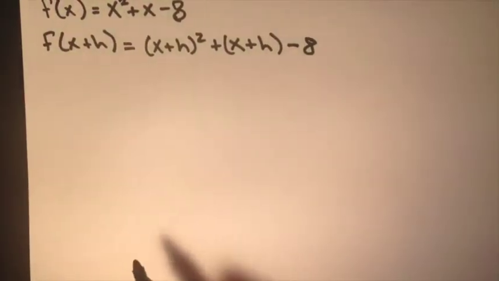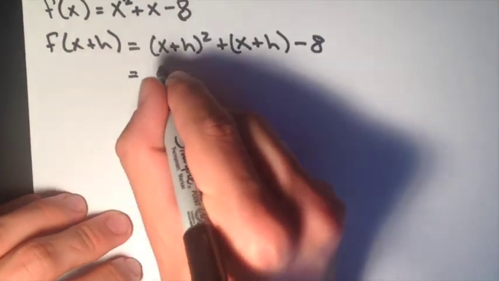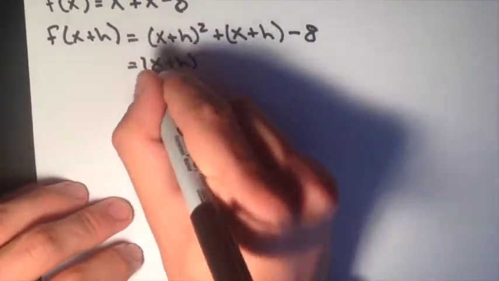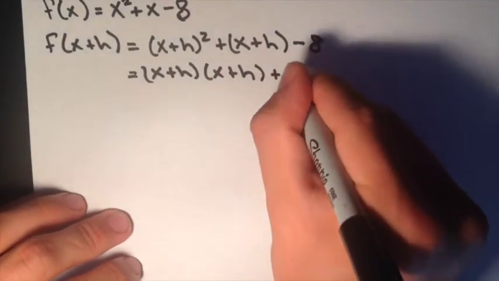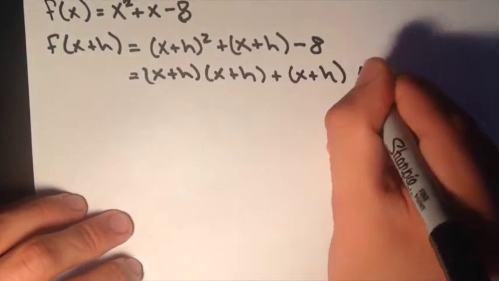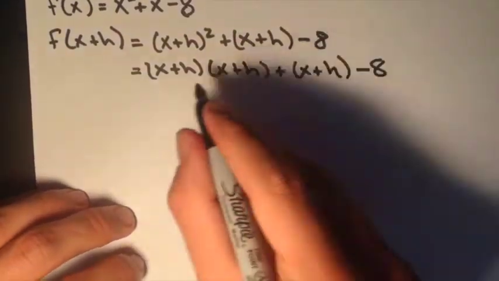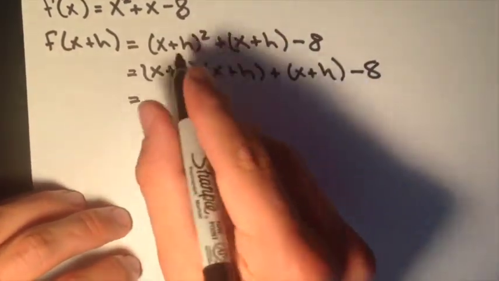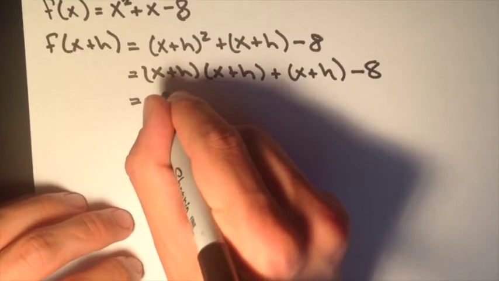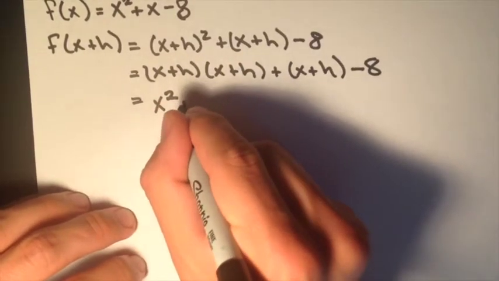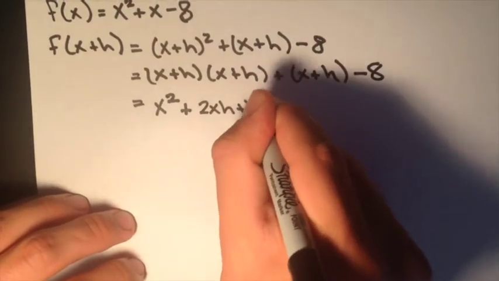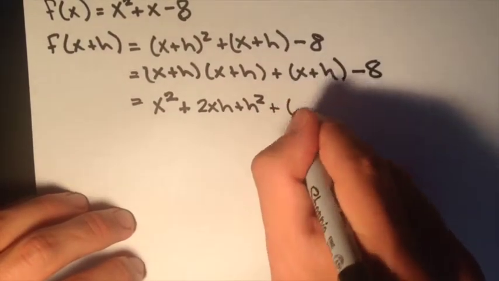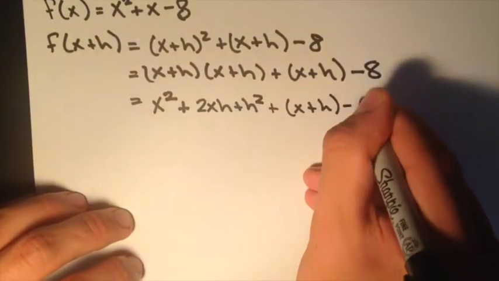We can FOIL that out to make it easier, which then we get (x plus h)(x plus h) plus x plus h minus 8. Then if we multiply these together, we'll get x squared plus 2xh plus h squared plus x plus h minus 8.